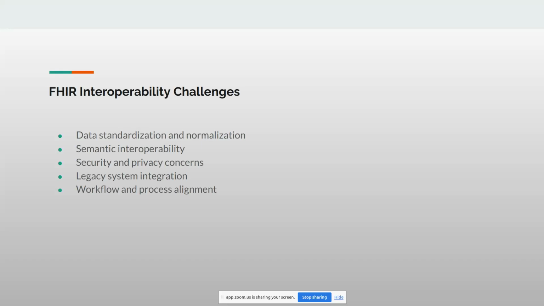The last point is workflow and process alignment. So FHIR supports this workflow and process alignment by providing resources and APIs that cover various aspects of healthcare delivery.